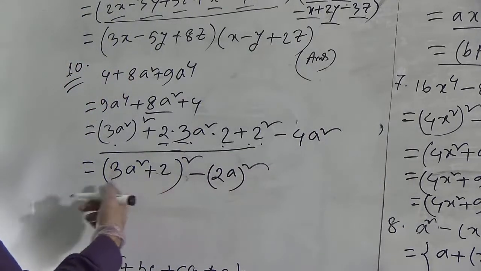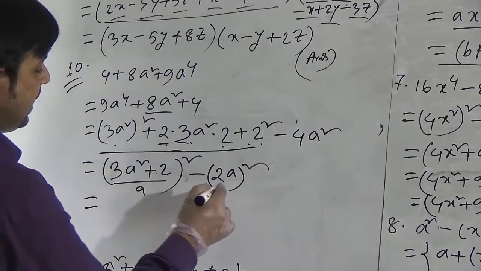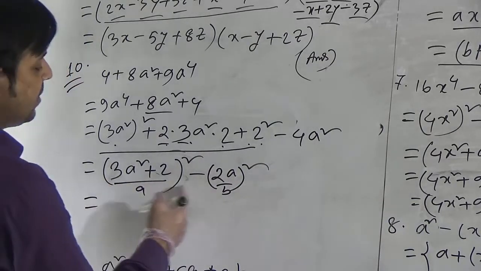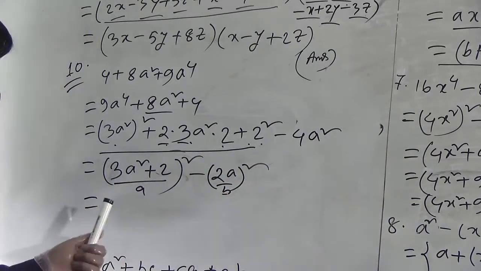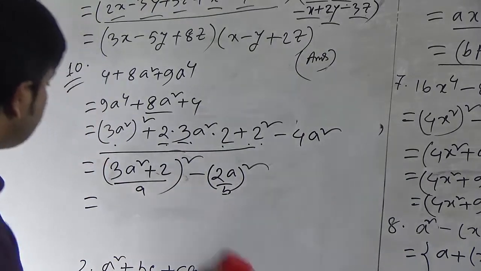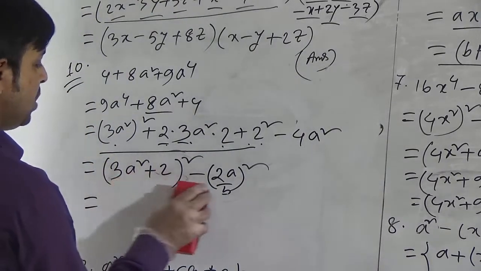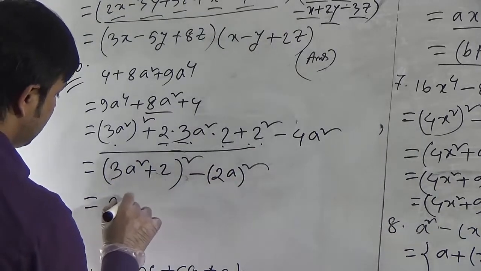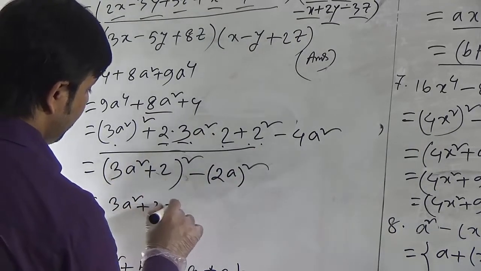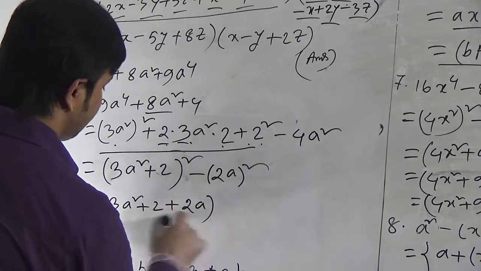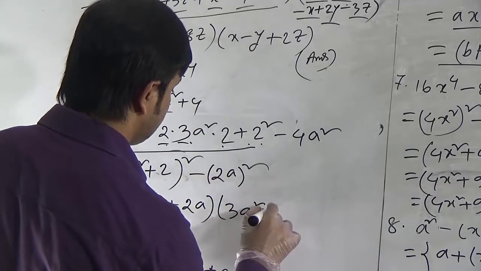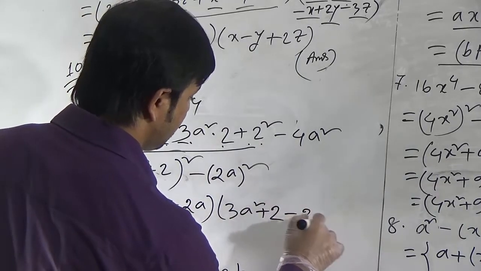Now this is the formula A square minus B square, which is A plus B into A minus B. So we can write A means 3a square plus 2 plus B, B means 2a, A minus B means 3a square plus 2 minus 2a.